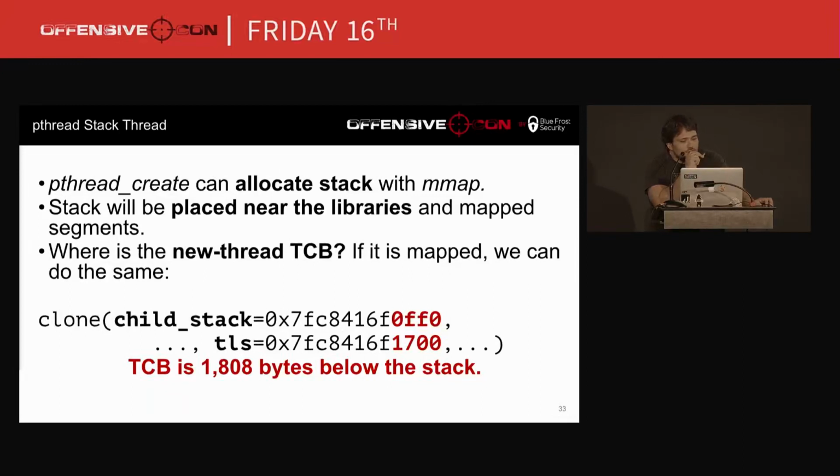But there's a new TCB. Here's a call of clone. This is the system call that makes a new thread inside the application. And you may see that it sets a child stack address and TLS address. And you may see that there is only 888 bytes below the stack.